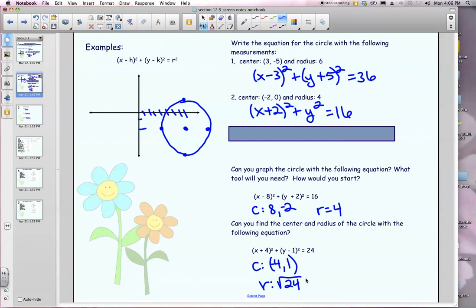You can break that down, or you can write the decimal of it. It makes no difference. Either way, it's up to you. Either simplify it down into 2 times the square root of 6, which is what it would be simplified, or actually take 2 times the square root of 6 and get 4.9.